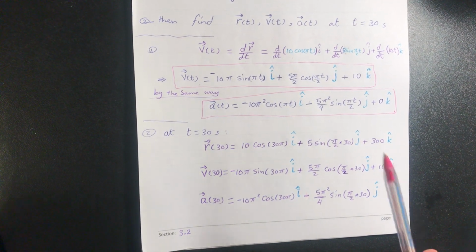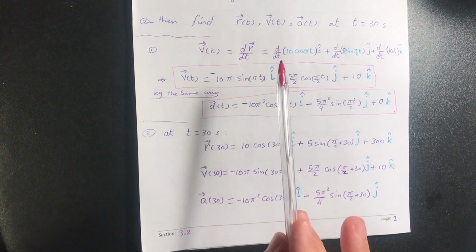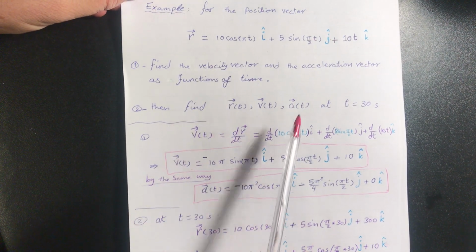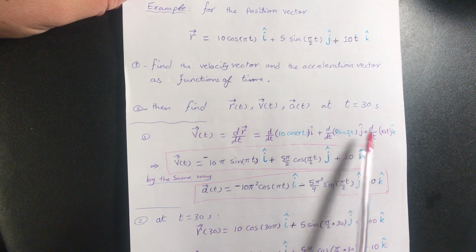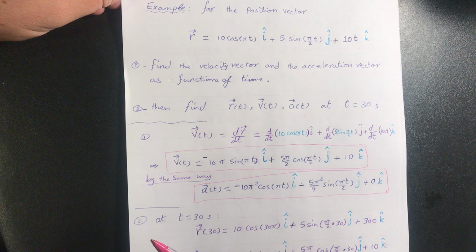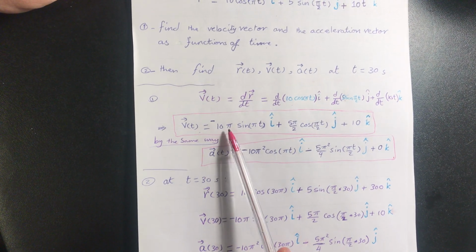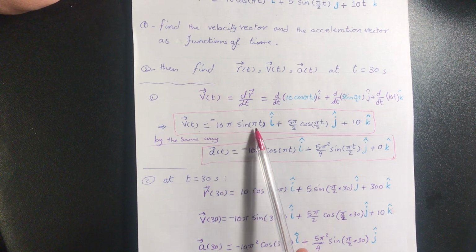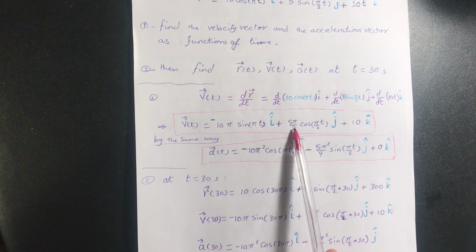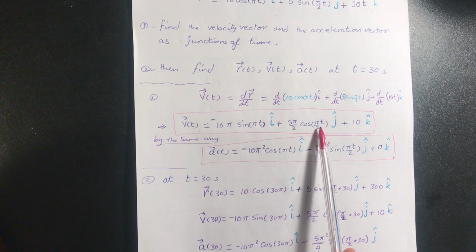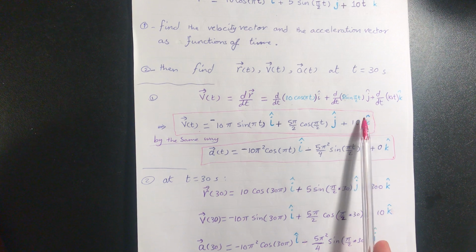Okay. The velocity vector is the first derivative of the position vector, and we need to derive each component with respect to time just once. So the velocity vector will be negative 10 pi sine pi t in the i direction plus 5 pi over 2 cosine pi over 2 t in the j direction plus 10 in the k direction.